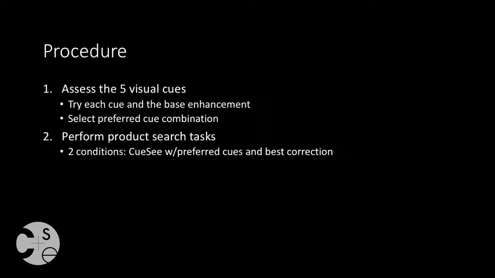Maybe we can just use magnification to highlight the product. And then we asked them to also customize the cue so that they could create their preferred cue. The second thing was that we wanted to see, in quantitative terms, how QC helped them with a product search task compared to their best corrected vision, so their vision with contacts or glasses. Best case scenario.